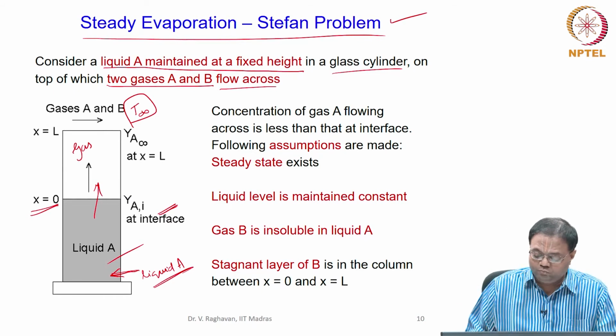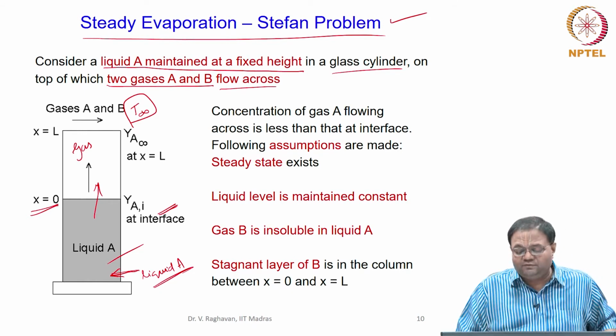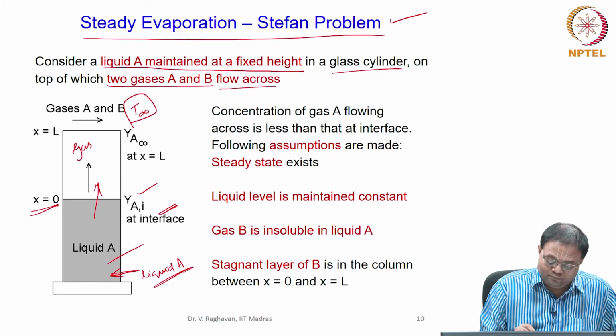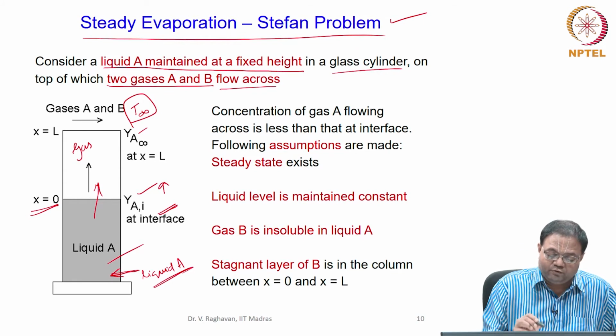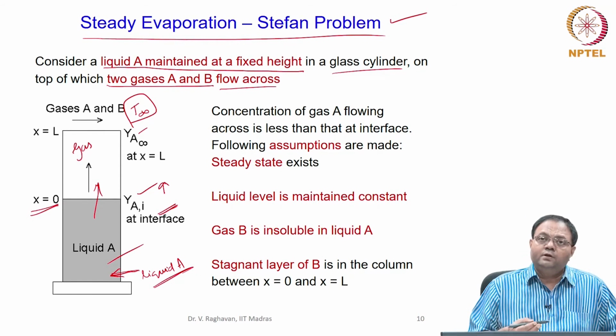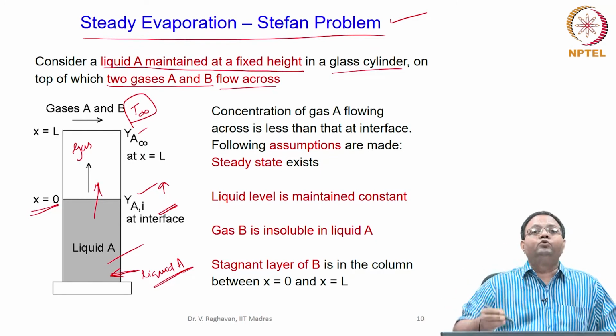Now, the concentration of gas A flowing across is less than that at the interface. That means YAi is higher and YA infinity is lower. That will drive the flow from this interface to the ambient by diffusion.